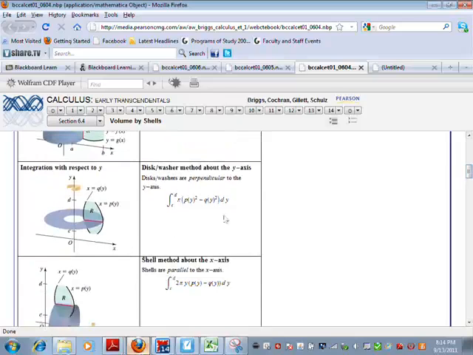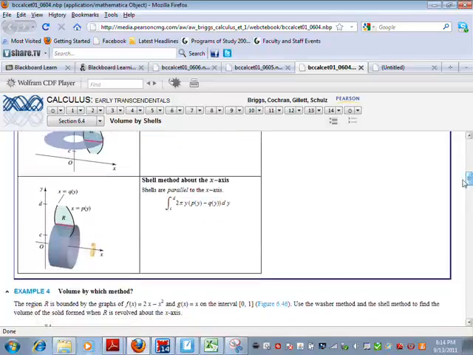Right? Functions of y around the y-axis is the disk method, and functions of y around the x-axis is the shell method. So again, off the record, if the variable in which the functions depend upon is the opposite of the axis, then you use the shell method.